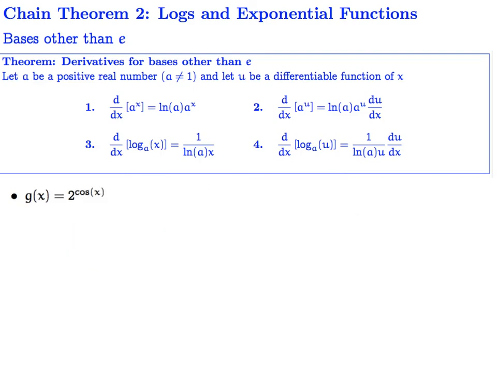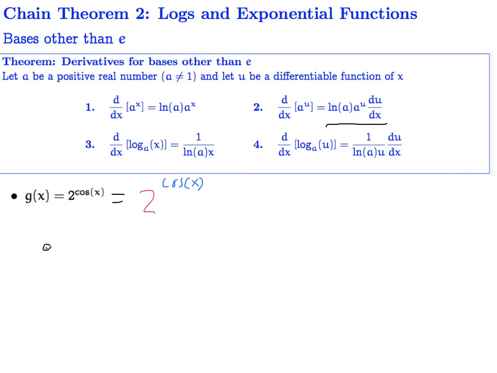So now let's look at an example that involves the chain theorem. In this case, our outside function is 2 to the something, and the inside function is cosine of x in this composition. So now when I take the derivative, I'm going to want to follow the chain theorem version. The chain theorem version says it's the same as always. You take the derivative of the outside, leave the inside alone, multiply by the derivative of the inside.